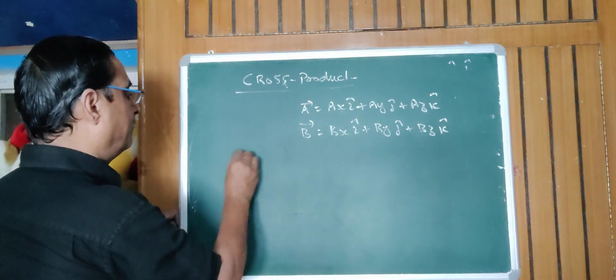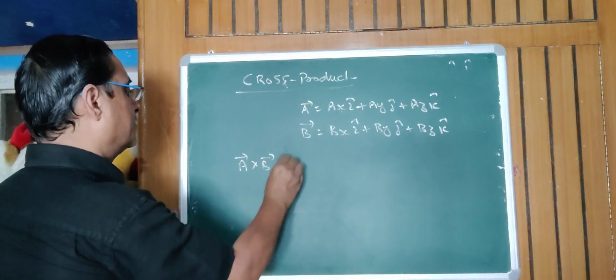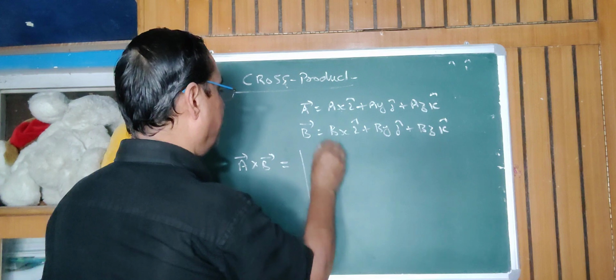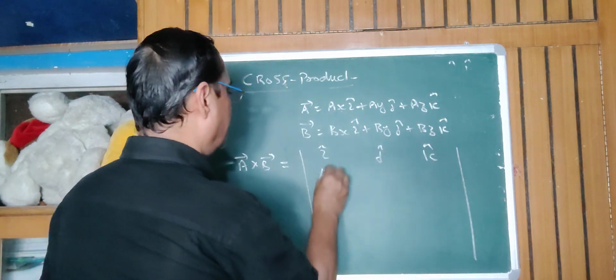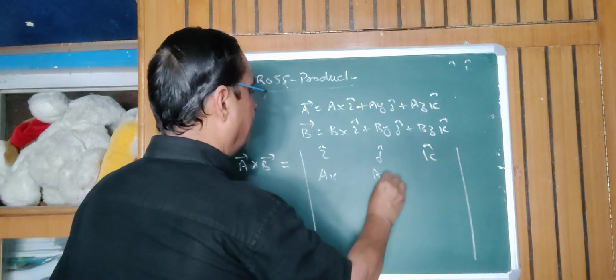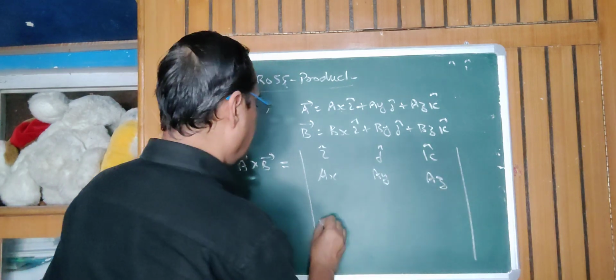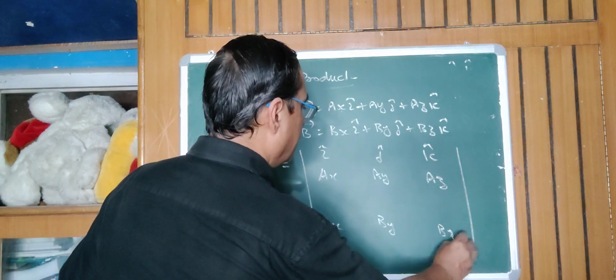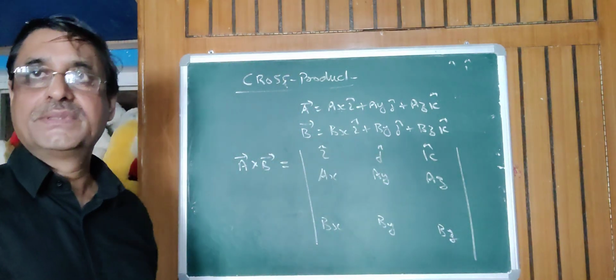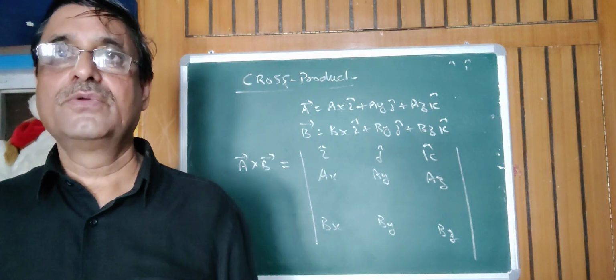Then if I want to write what is A cross B, then A cross B is always written in the determinant form. You write i, j, k. You write AX, AY, AZ, and BX, BY, and BZ. And then you can open this determinant.